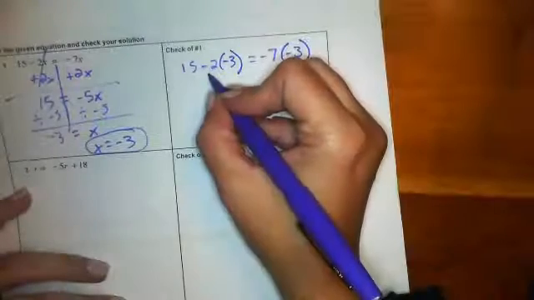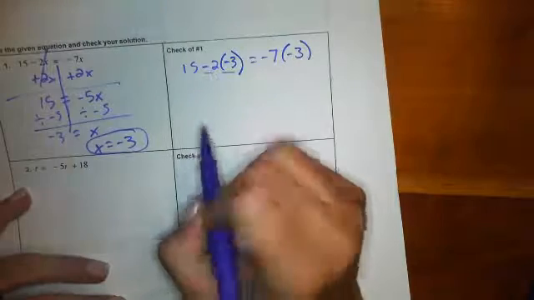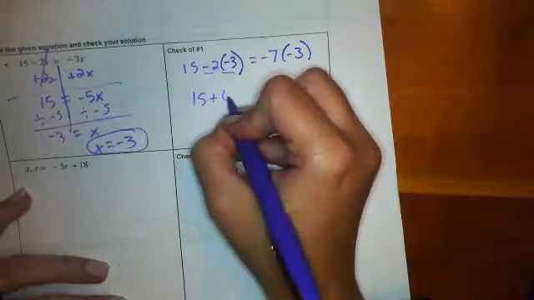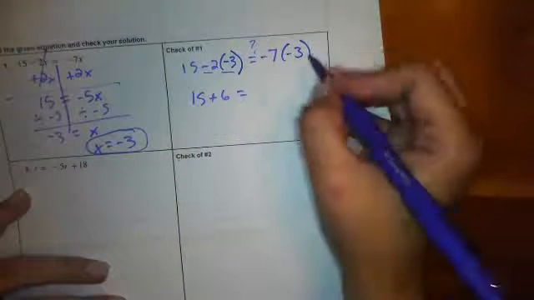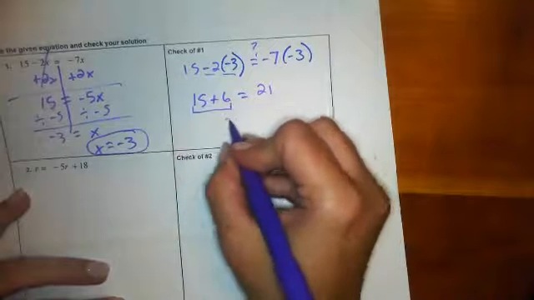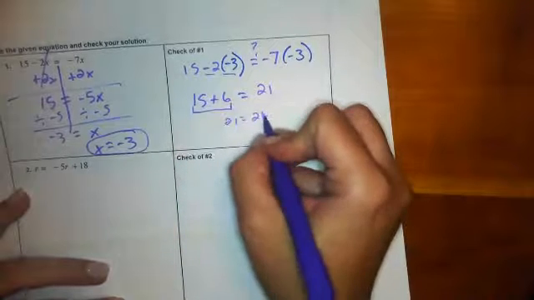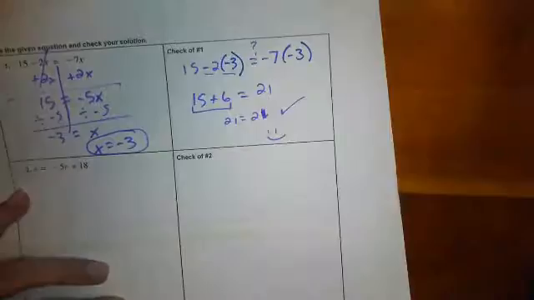So we have to do order of operations. Negative 2 times negative 3 is positive 6. So 15 plus 6. Negative 7 times negative 3 is a positive 21. 15 plus 6 is 21. Oopsie, I got ahead of myself, so check. That means my answer is more than likely right.